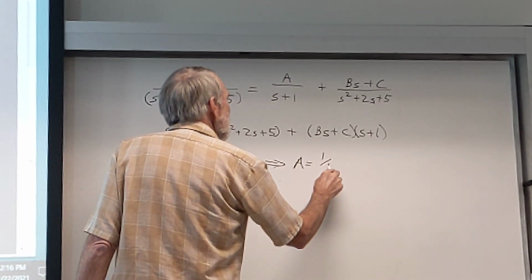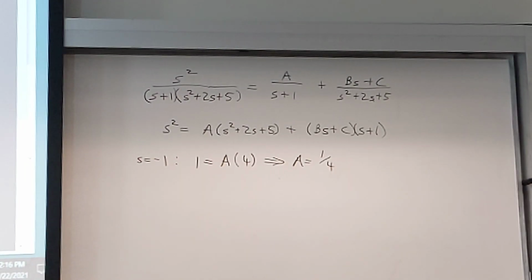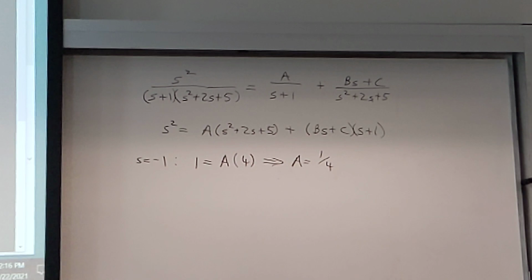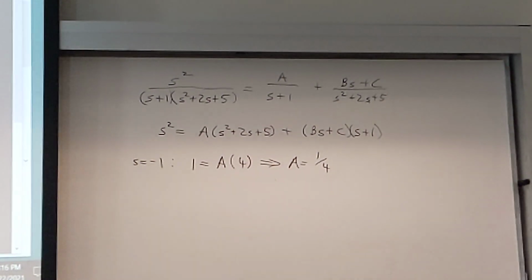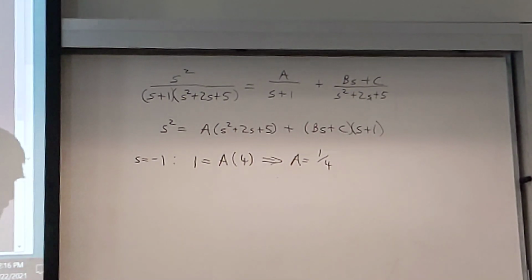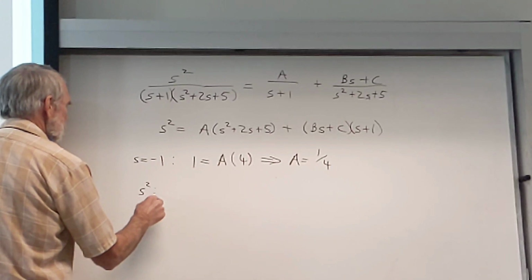All right. By the way, you can mix and match these different things, right? So you use whatever is going to make your algebra the easiest. We're just trying to find A, B, C. You do it the easiest way you can. So now we're going to use coefficients. How about the leading coefficient, s squared?